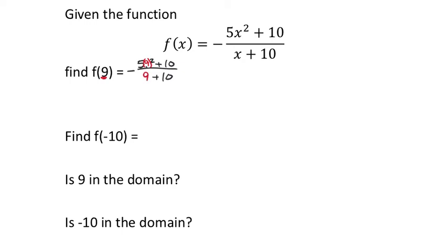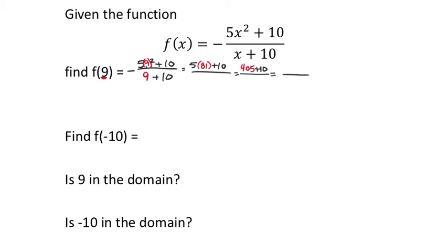Now, by the order of operations, I'll work it out. I'm just going to focus on the numerator though. So 9 to the power of 2, that'd be 81. And then we still got the plus 10. Then I'd do 5 times 81, 405, I think. 405, now plus 10. And that gives 415.